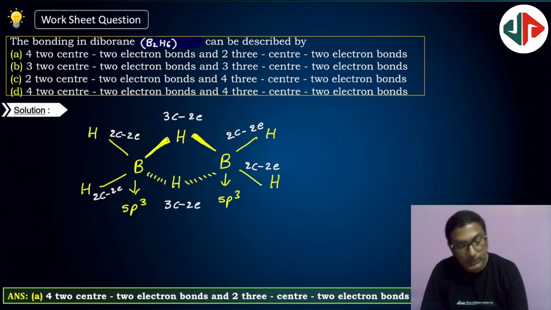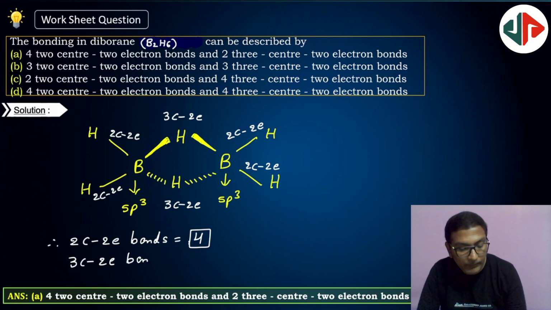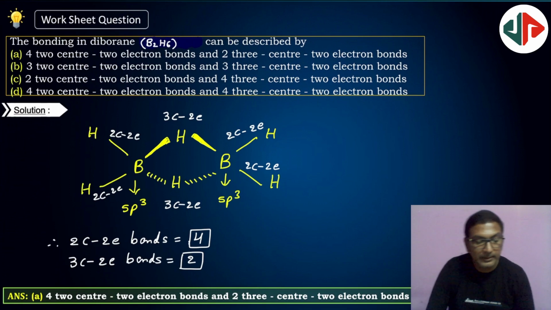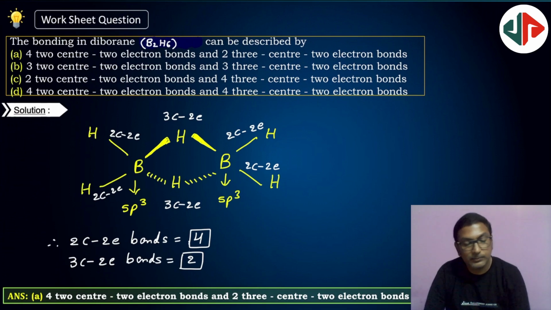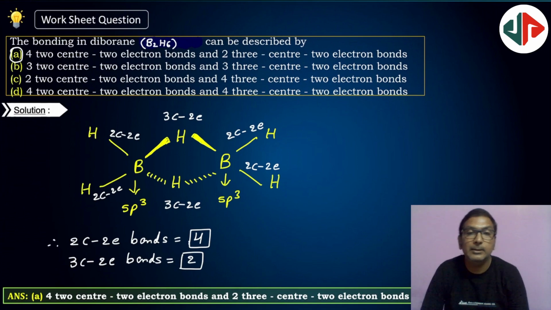That means two centered two electron bonds equal to 4 and three centered two electron bonds equal to 2. 4 and 2. Therefore option A. Next.